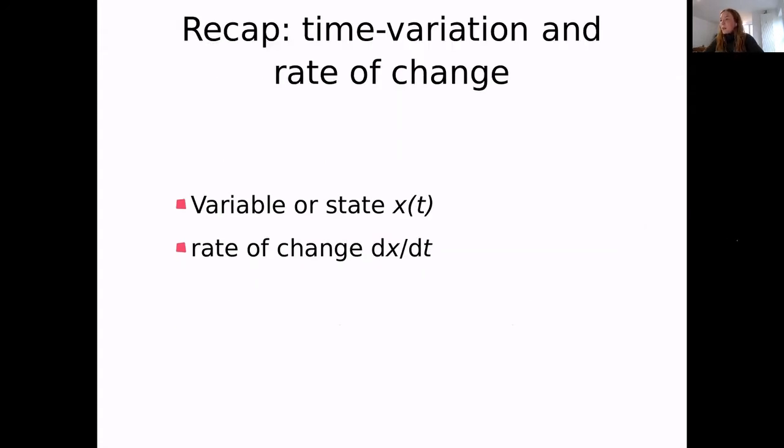Okay, this should be a recap from school about time variation and the rate of change. So when we have a state like x, and it varies over time, we have a rate of change. This is the time derivative of x. So we often denote this as dx/dt. Maybe from school it's kind of x dot or something like that.